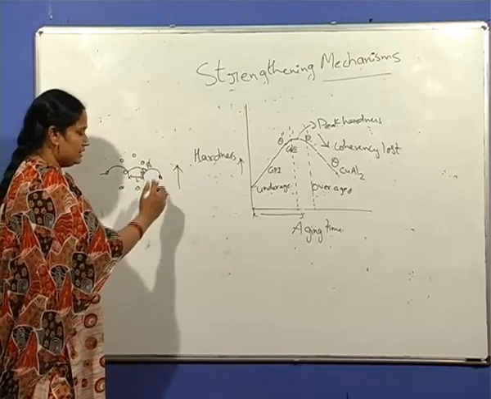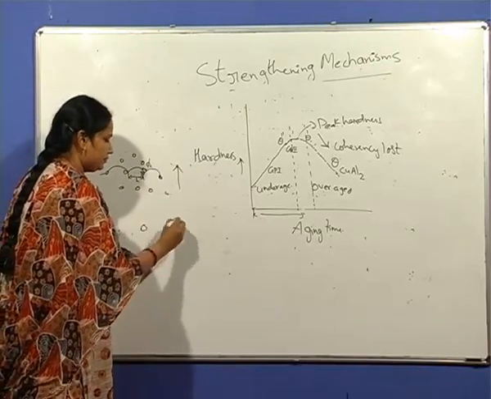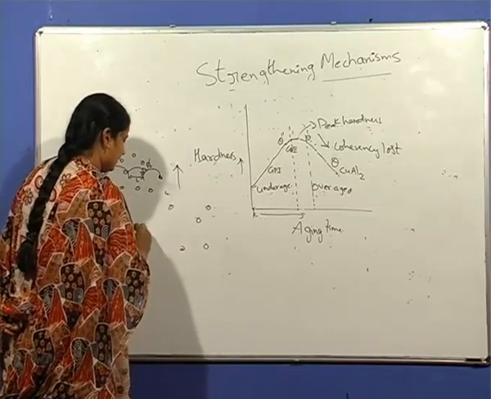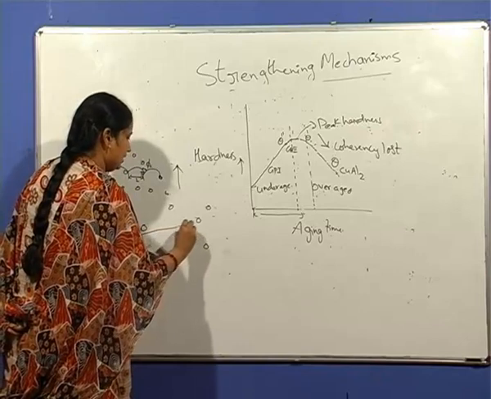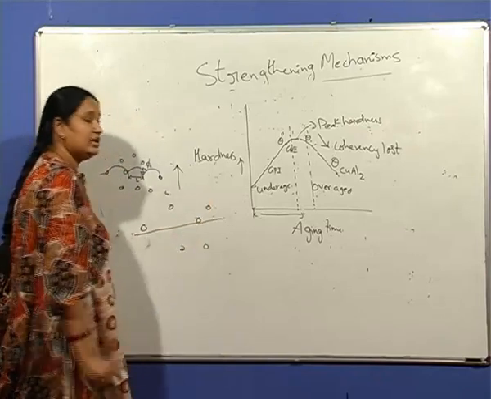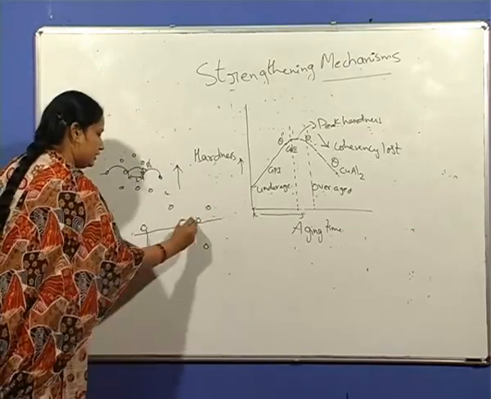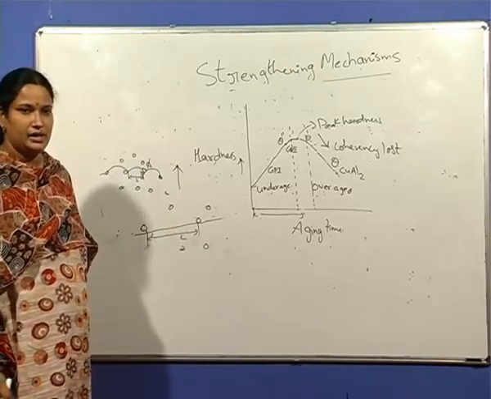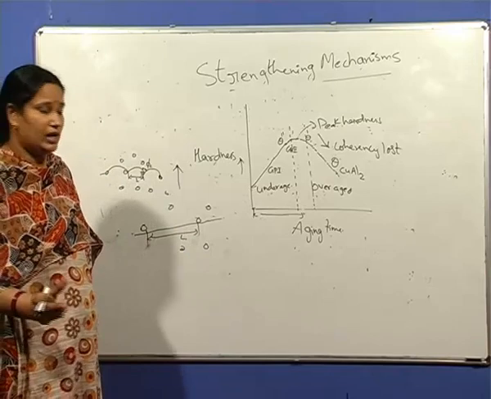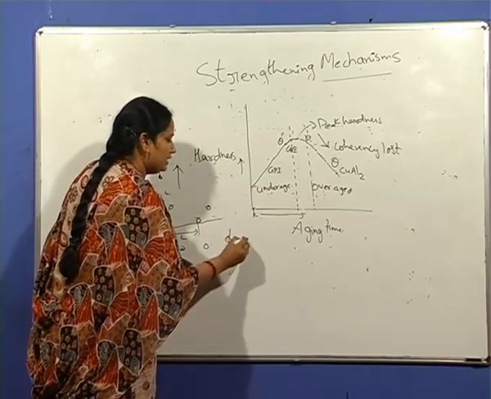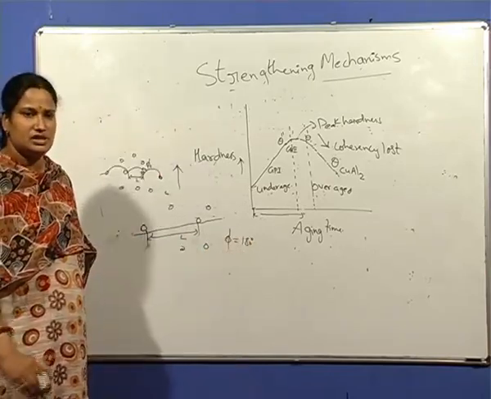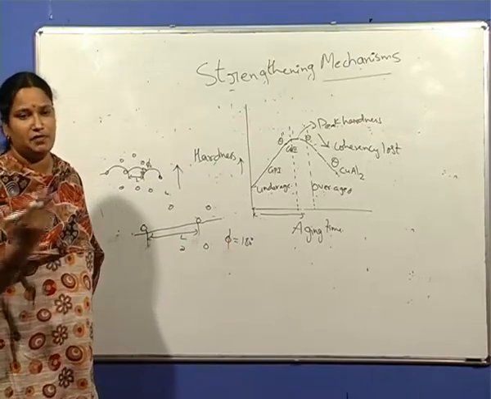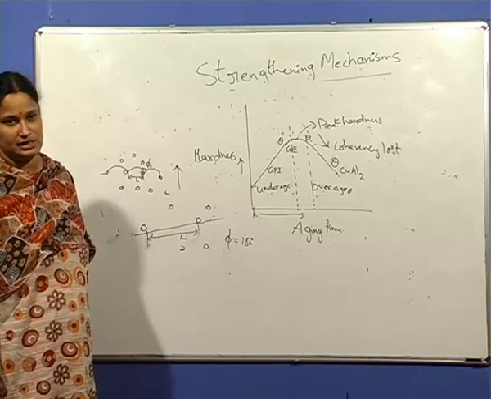If the spacing is very, very large, simply the dislocations can easily move. For the case where the spacing is very, very large, and if the angle is also large, if the angle is 180 degrees, then the stress required for the dislocation to overcome these obstacles or to break away from these obstacles is very easy.